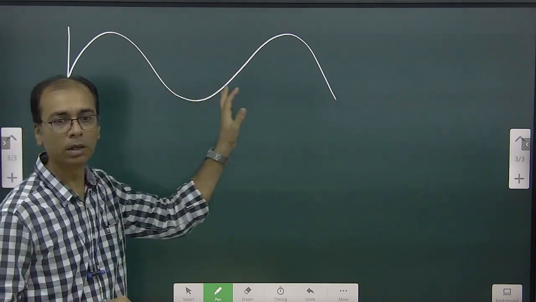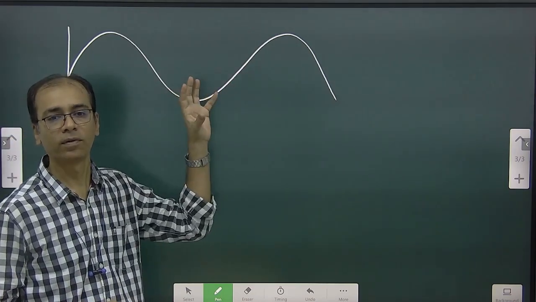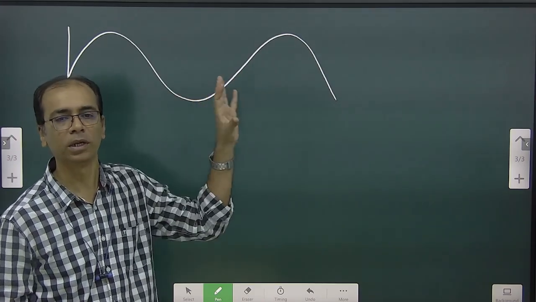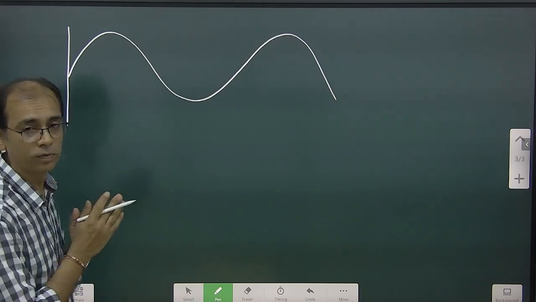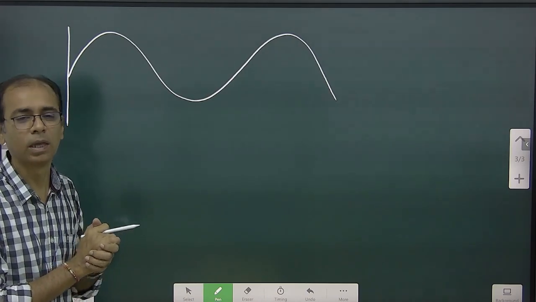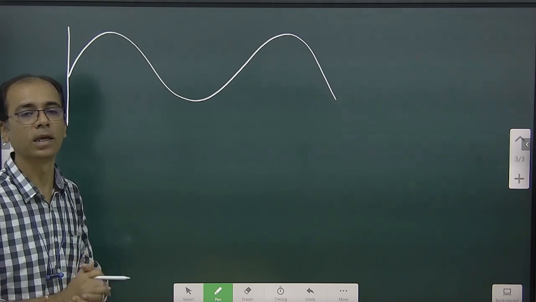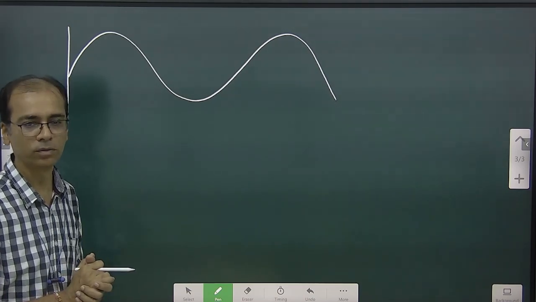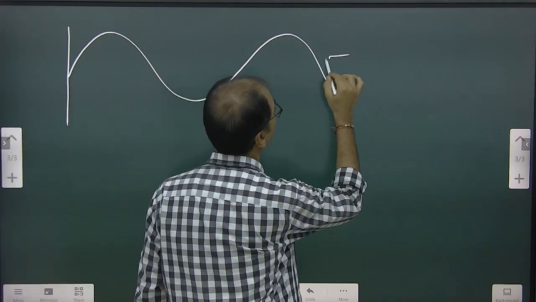We have made this string at any time t. At any time t, this is the shape of the wave. This is what we are going to find in the equation, how we can represent a wave. Like we used to write y equal to a sine of kx minus omega t, or a sine of omega t minus kx. How that came is what we are trying to find. So this is a snap of a wave.